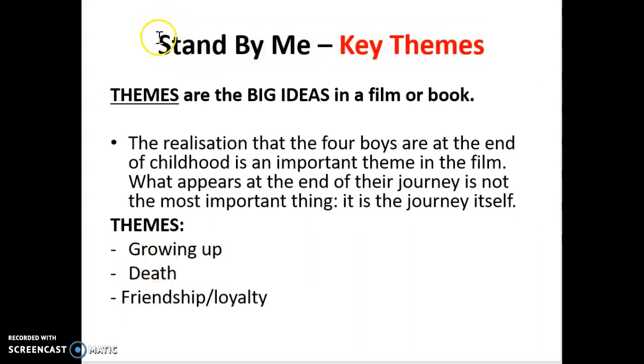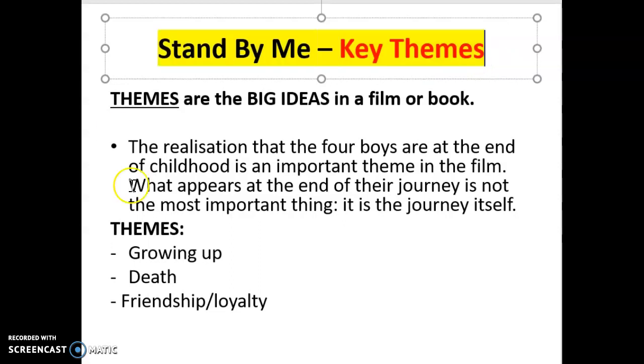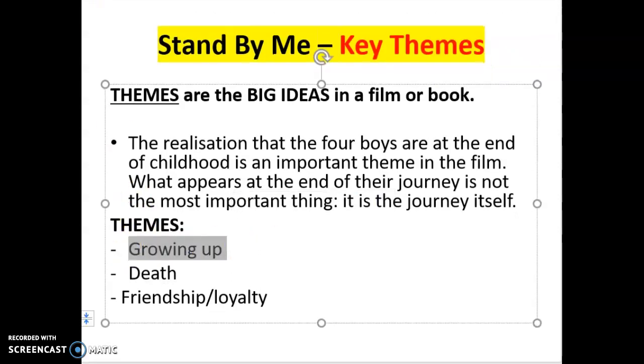Another theme is the theme of friendship, and that's a very important theme. As you can probably realize, these four boys go through a lot on their adventure, and they do it together as friends.